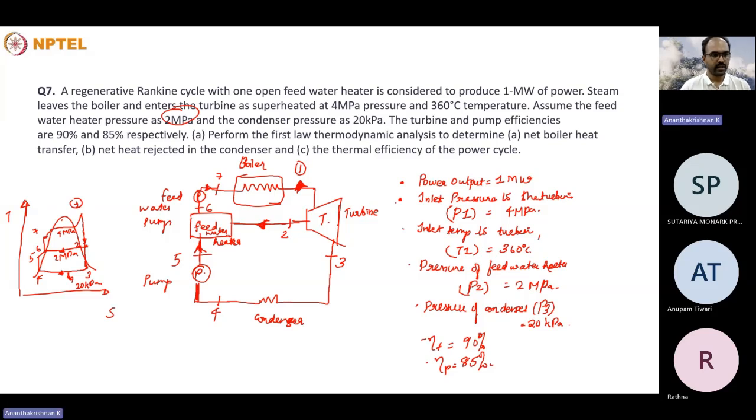Just give me a moment and let me cross verify the value of point two, and then I'll follow it from there.